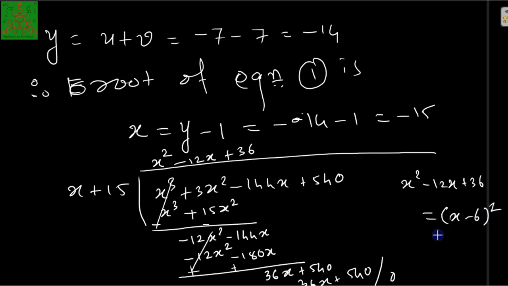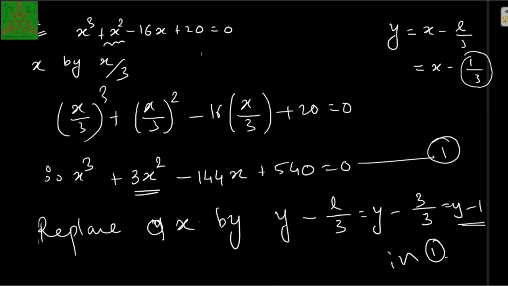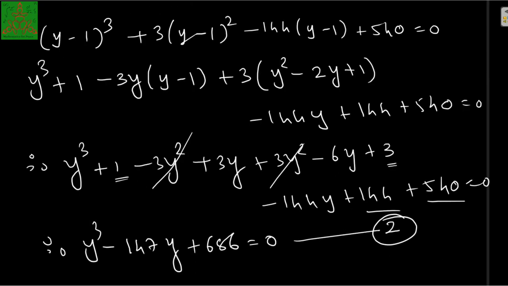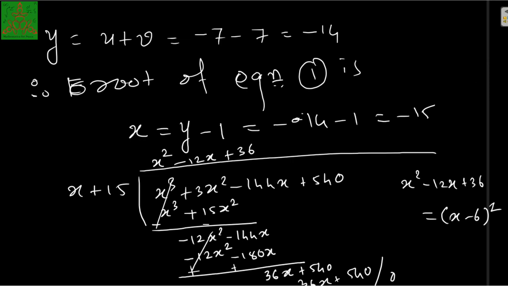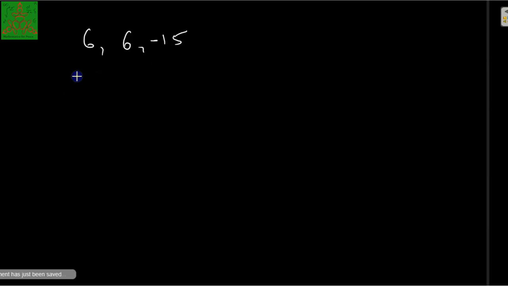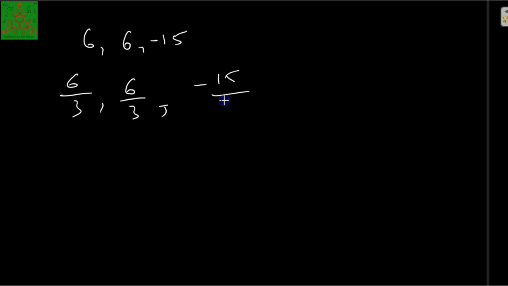So the three roots of this equation will be 6, 6 and minus 15. The roots of our original equation, which I can get by dividing these roots by 3, are 6 by 3, 6 by 3 and minus 15 by 3. So the roots are 2, 2 and minus 5.